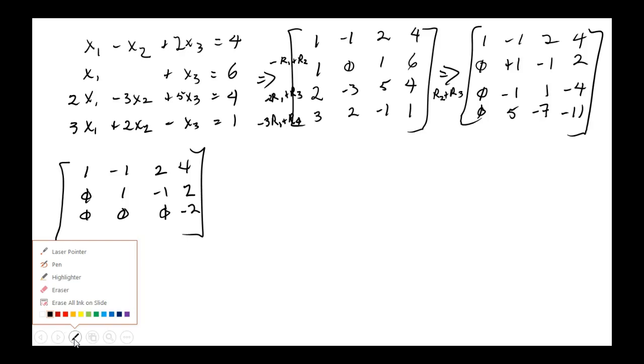And then the next would have been a leading 1, zeros, yeah, that's what we're trying to do. That's row echelon form, and then you do back substitution. Okay? Now, what we're going to do, and that's called Gaussian elimination. What we're going to do next is Gauss-Jordan elimination, which involves reduced row echelon form.